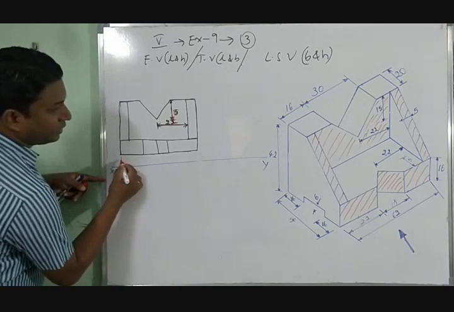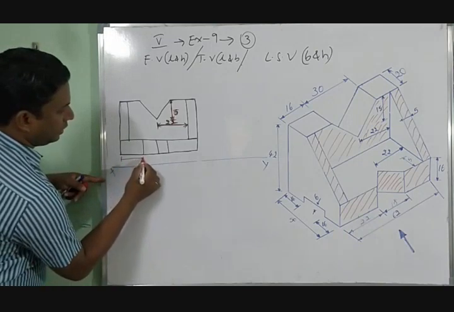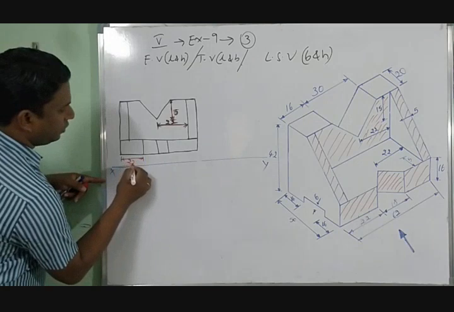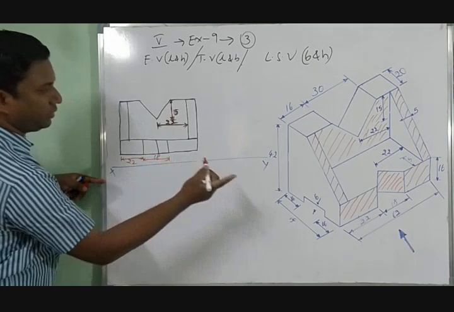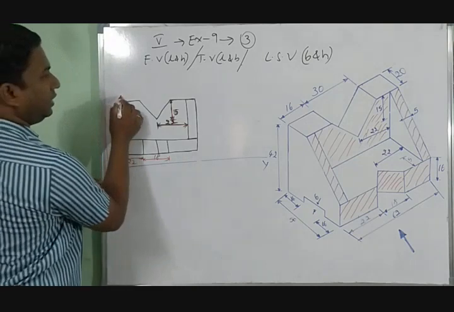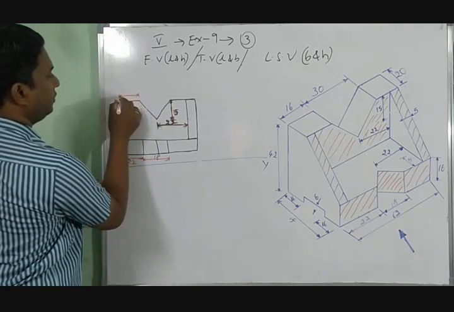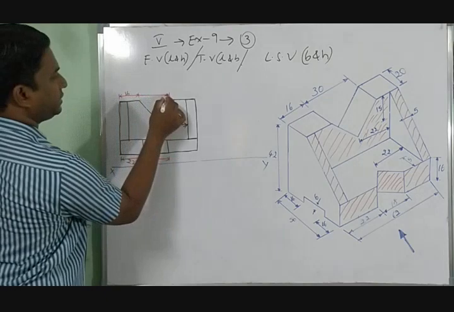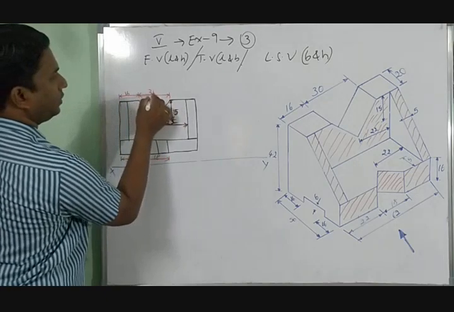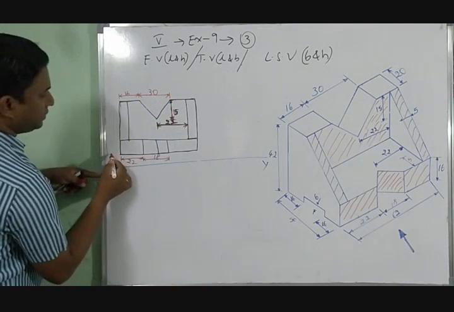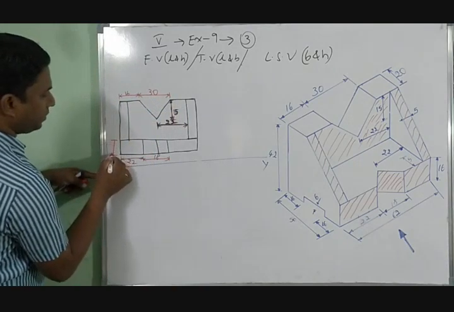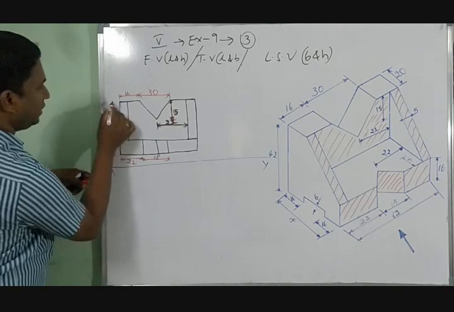See, from here up to here at a distance of 22. Here it is at a distance of 18. Whatever the dimensions are there. Now from here it is at a distance of 16. From here it is at a distance of 30. Now height. Please try to show this as 16, remaining.